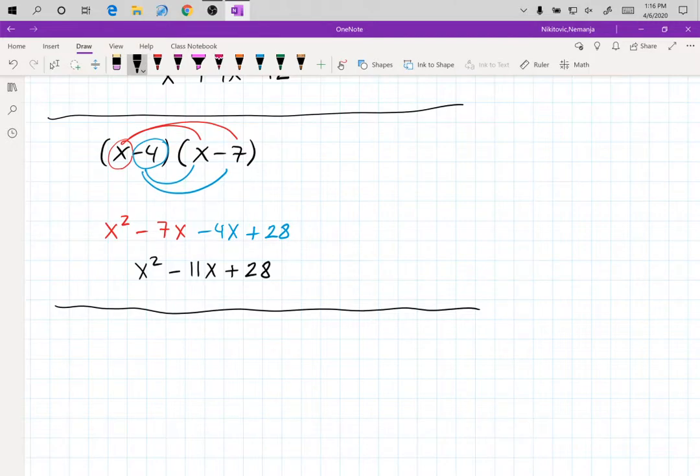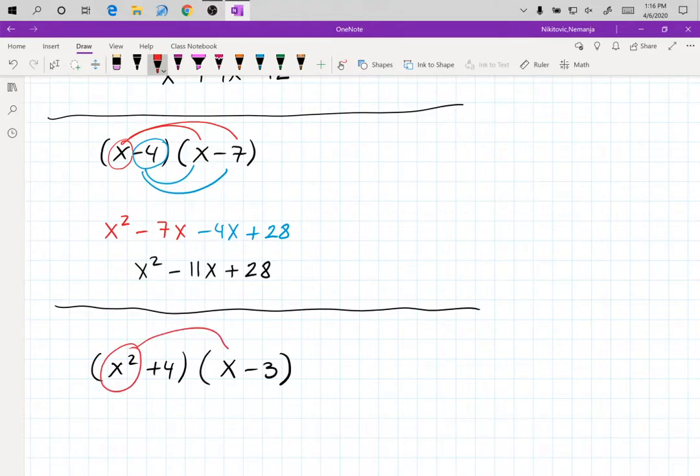So what should I do? Let's take a look at x squared plus 4 times x minus 3. Let's say you want to solve that one. The way you would solve this is you would take your x squared term, distribute into both, and then you would take your positive 4 and distribute into both.